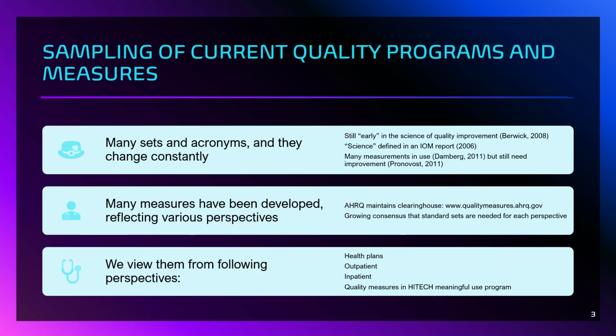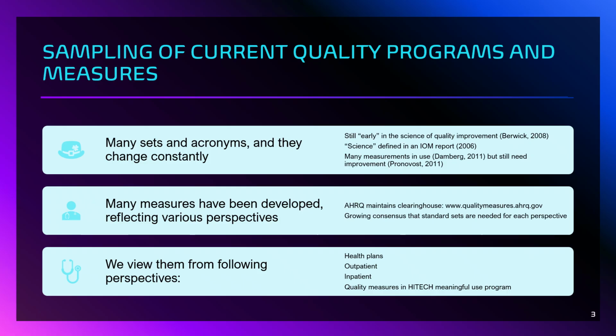The Institute of Medicine describes this science as a framework for assessing and improving healthcare quality. Over the years, many different measures have been developed, each reflecting a slightly different perspective. Almost like competing standards, the Agency for Healthcare Research and Quality, or the AHRQ, helps us make sense of this by maintaining a clearinghouse of available measures: what they are, where they are used, and how they apply.